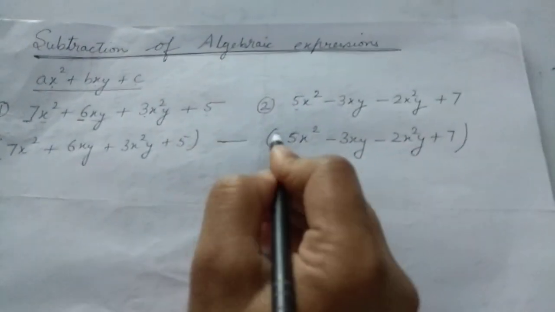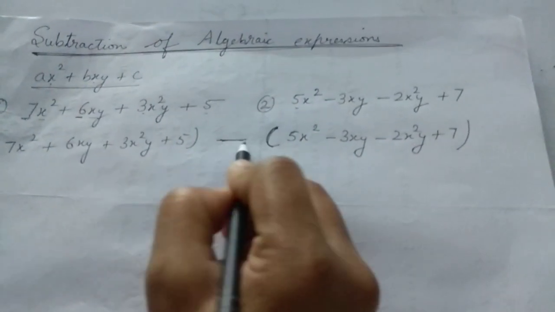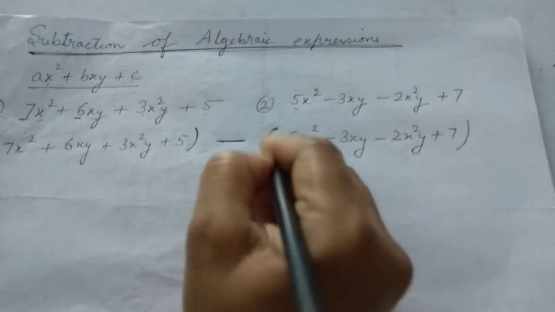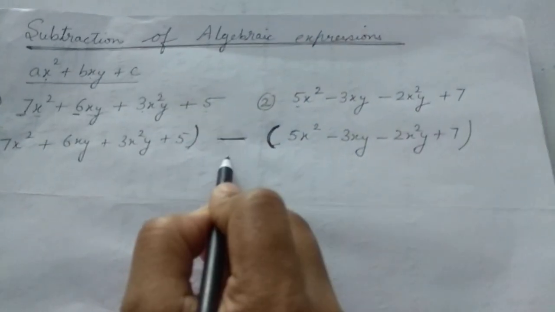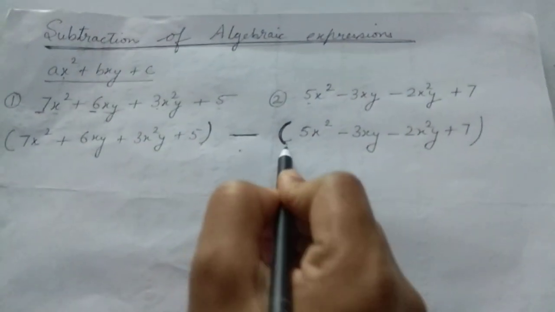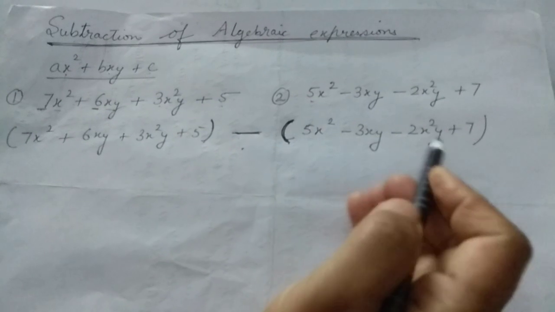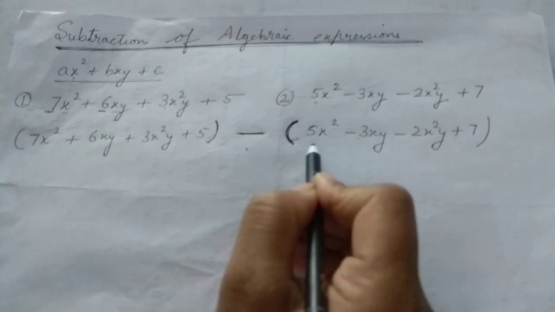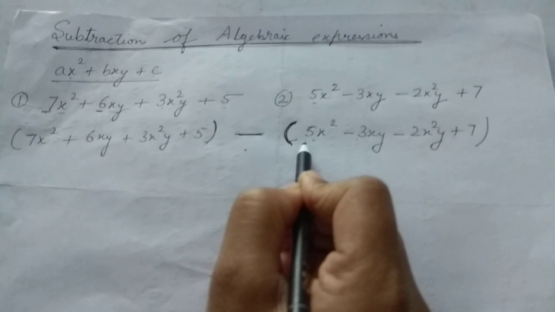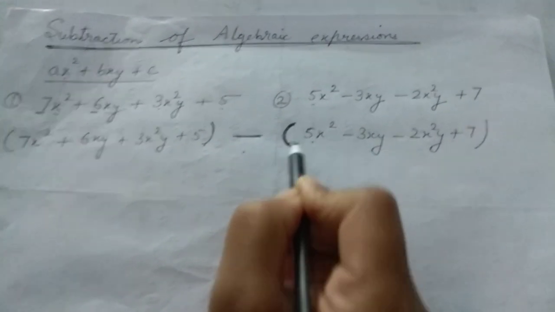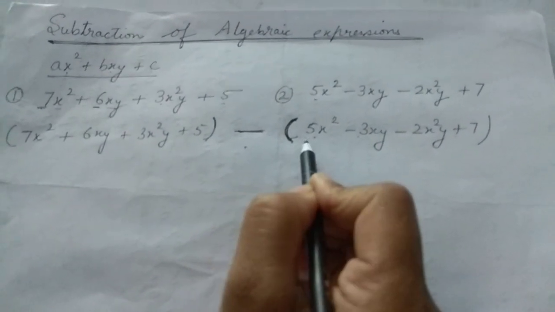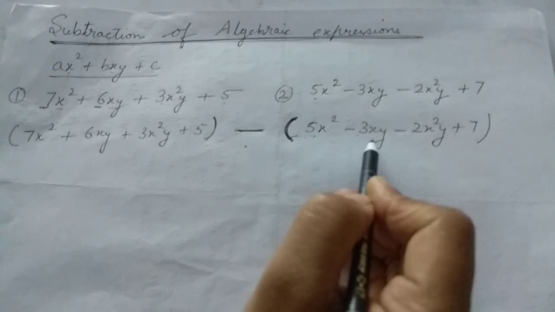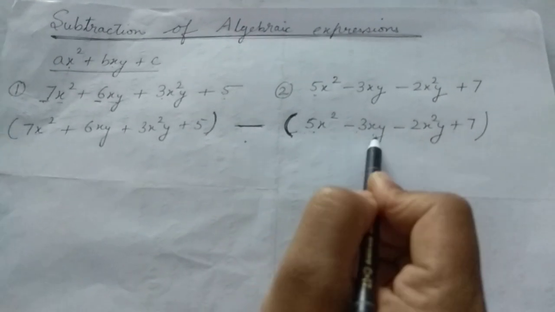Now the rule is whenever there is a minus sign in front of the bracket, when we open the bracket, all the signs inside the bracket will reverse. So if 5x square is a positive number, it is plus 5x square. On opening the bracket, it will be minus 5x square. Minus 3xy is a negative number.